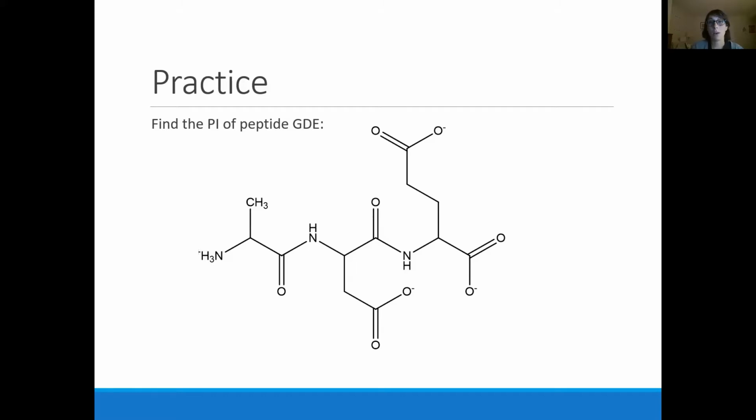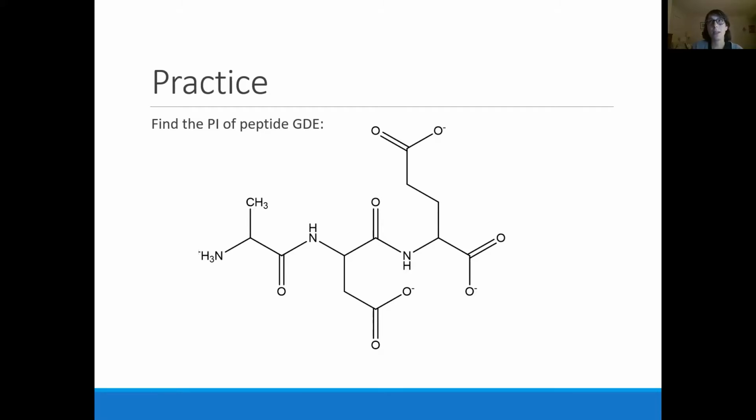Now, we talked about how amino acids do have multiple pKa's, and some of them have additional pKa's outside of the ones that are attached to the amino group and the carboxyl group. And those are based on the R groups that they have. We also talked about what these would look like in a buffer and when they are charged and not charged based on the pH that we are at.